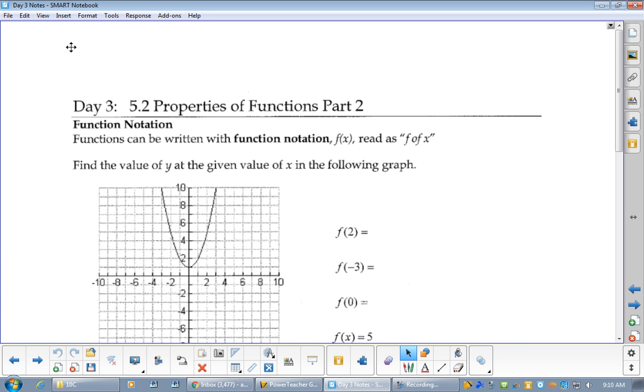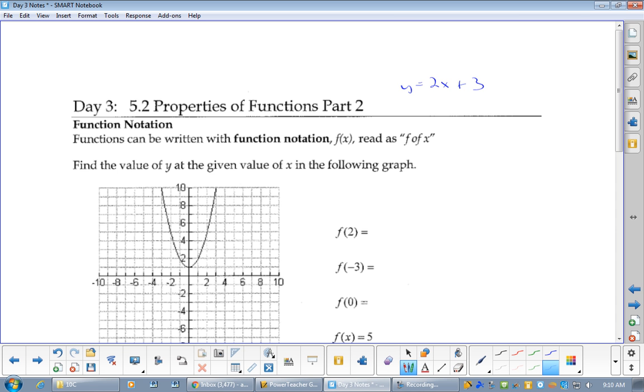Now we're learning something really relevant to, again, 20-1 and 30-1, and it's called function notation. Okay? Now, this is a whole new thing for pretty well all of you, because you've always been doing y equals 2x plus 3.